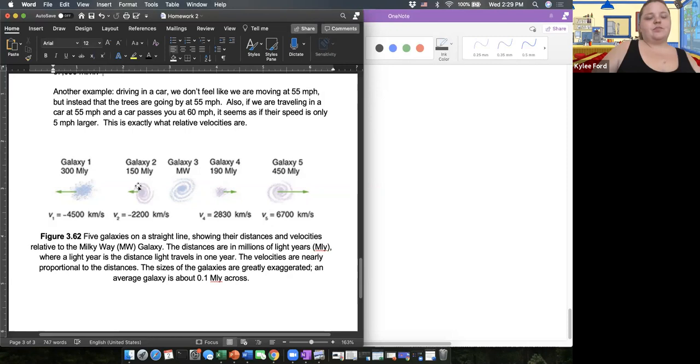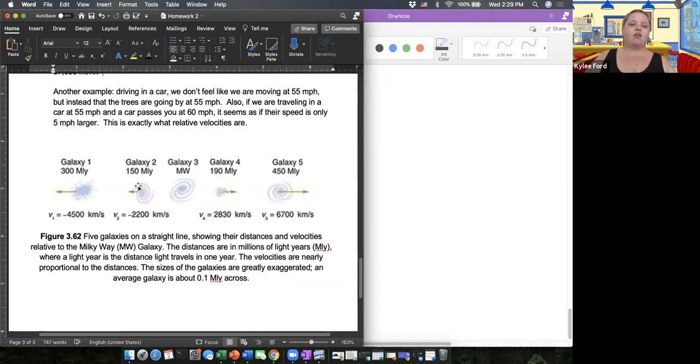So if you're going down the freeway going 50 and somebody passes you at 70, your relative velocity would be the difference in your velocity. So his relative velocity to you is going to be 20 miles per hour, if that makes sense. So they're going 20 miles per hour faster than you, right? So it's like when you're in a car, you feel like you're not really moving, right?